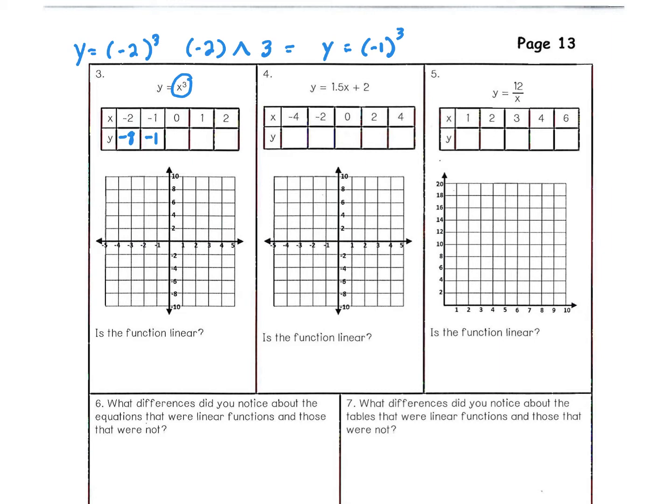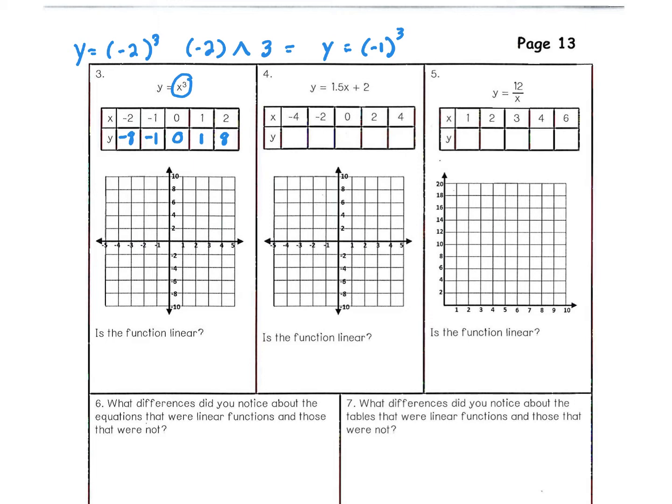If we take 0, that would be 0 times 0 times 0. We would get back 0. 1 to the third power would be 1 times 1 times 1, so we're going to get 1. And 2 to the third power means 2 times 2 times 2. It sounds like that would be 6, but it was actually 8. 2 times 2 is 4, and 4 times 2 is 8.